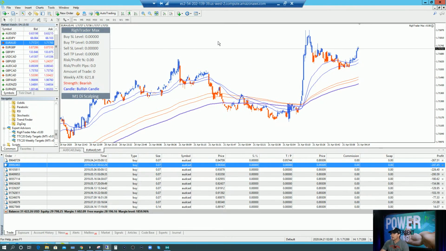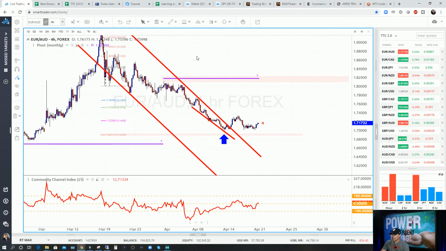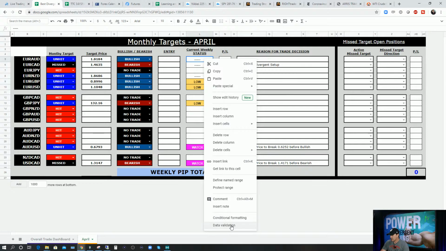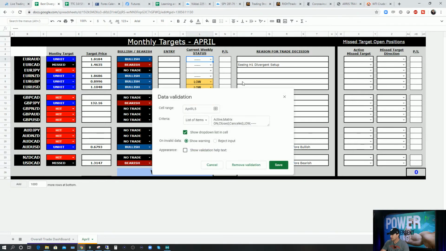All right, now let's go take a look at the next opportunity. We'll come back to that. The next opportunity, I'm pending on this one right here. So let's change this now and add this filter in here, and let's just say pending.